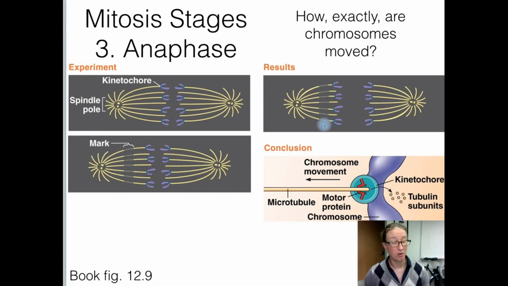As it turns out, the way these chromosomes move along the microtubule is they use similar little motor proteins, very much like the vesicles are using on microtubules, to walk along the microtubule to separate, which is kind of cool.